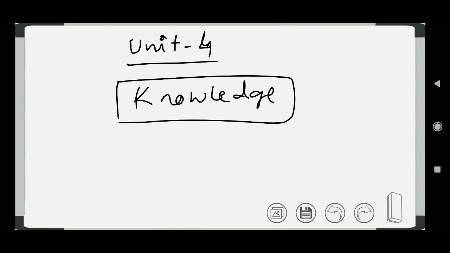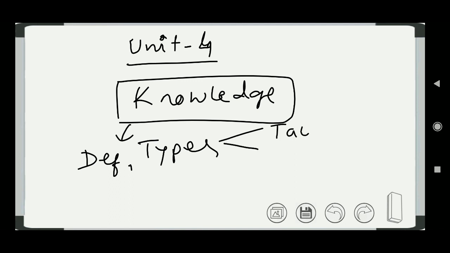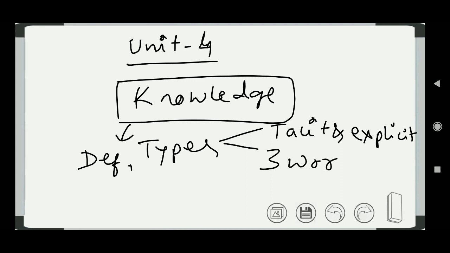Next is unit 4. Here the knowledge concept is discussed. In this unit you must be ready to write definitions. Start with the definitions if they ask. Types of knowledge is important here. Under types of knowledge, tacit knowledge and explicit knowledge is important, and also the three worlds of knowledge.